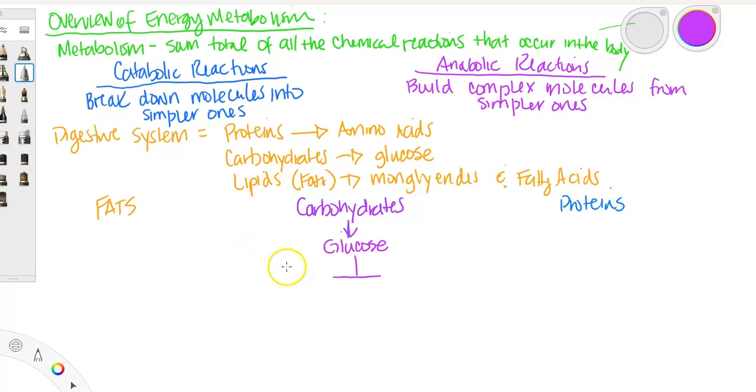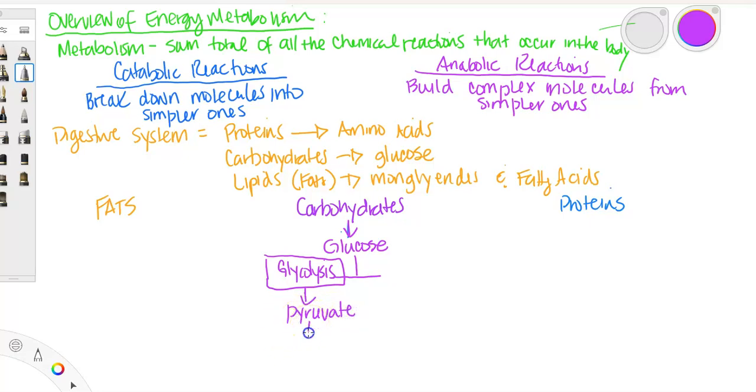So that starts with something called glycolysis, the splitting of glucose. And in glycolysis, we're going to end up with something called pyruvate.